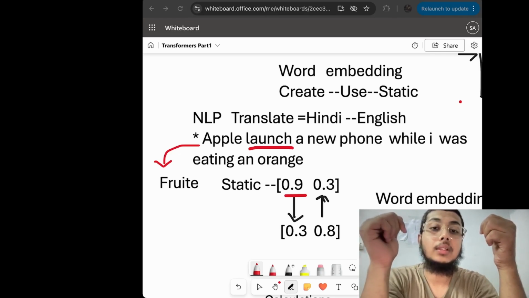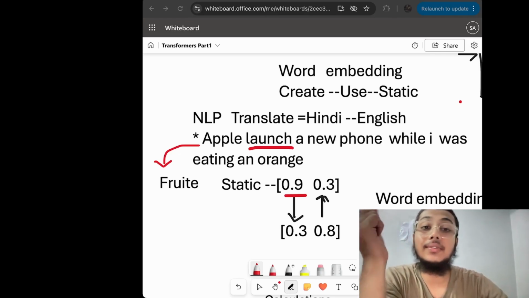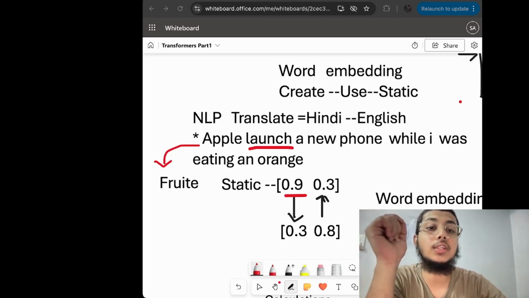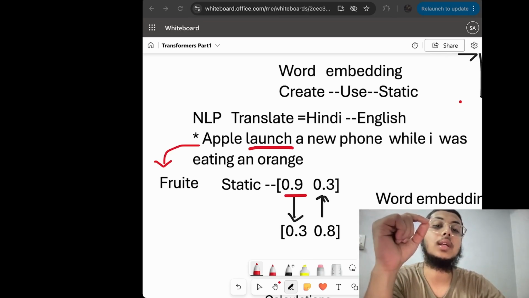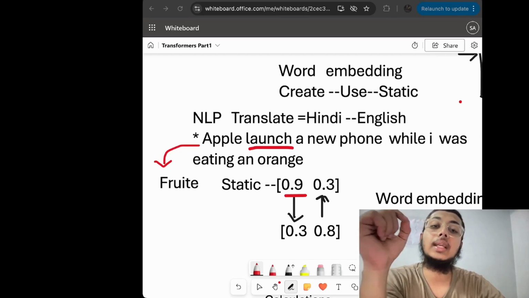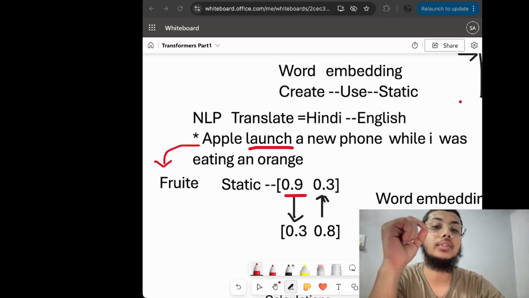Consider self attention as a function where you send the entire sentence. You send the embedding of each word: the embedding of apple, the embedding of launch, the embedding of phone, the embedding of orange.